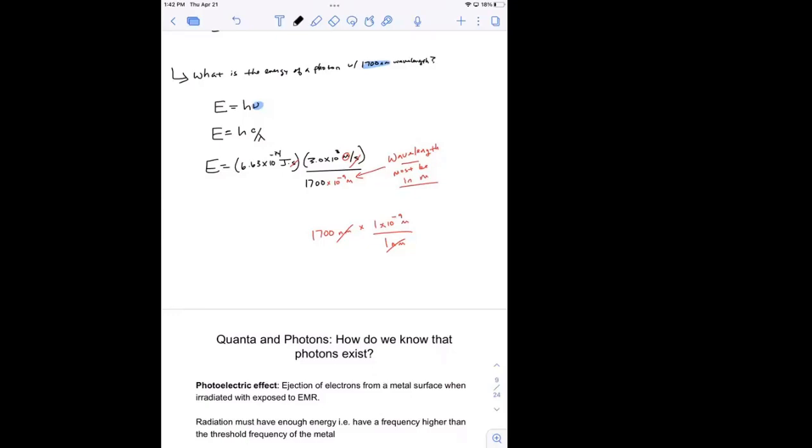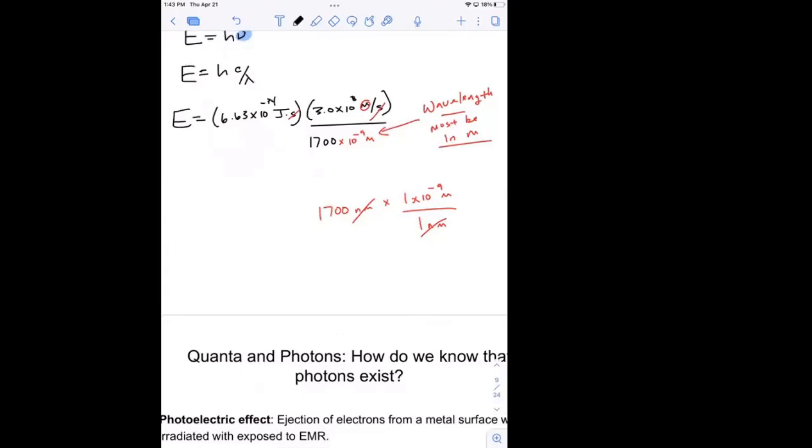And if you have a little exponent key on your calculator, you can put that in, to the negative 34, times 3.0 times 10 to the 8. And then we're going to just divide that by 1,700 times 10 to the minus 9 meters. Did anybody get the number?